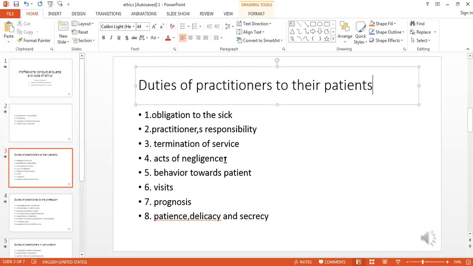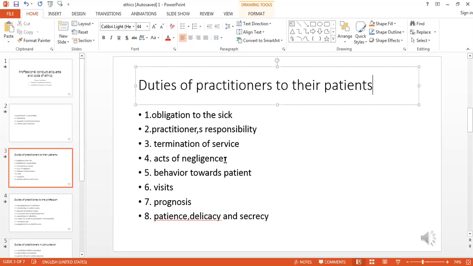A practitioner of homeopathy is expected to render diligence and skill in services as would be expected of another practitioner of homeopathy with similar qualification and experience. So you should give proper attendance and proper attention to the patient. You should not neglect him.